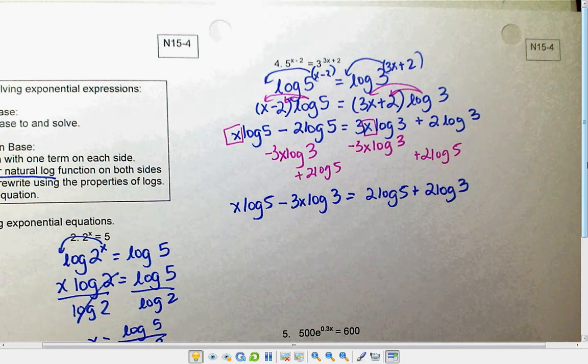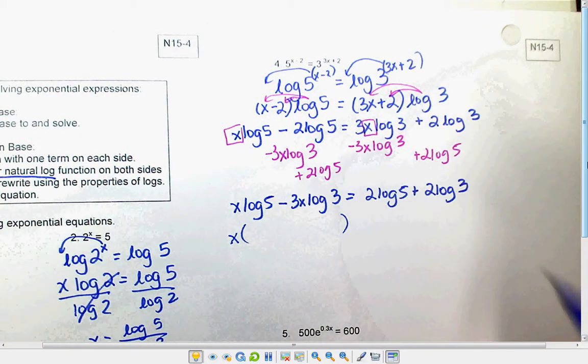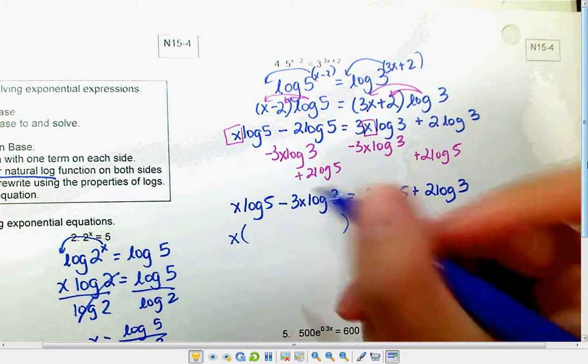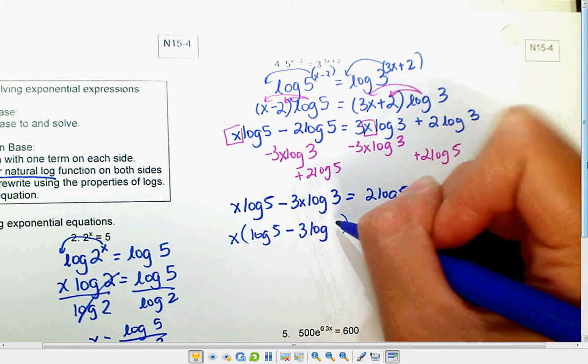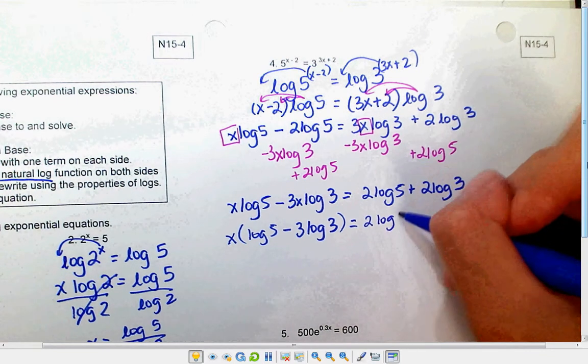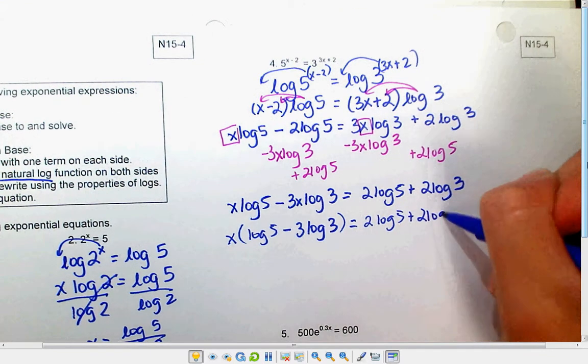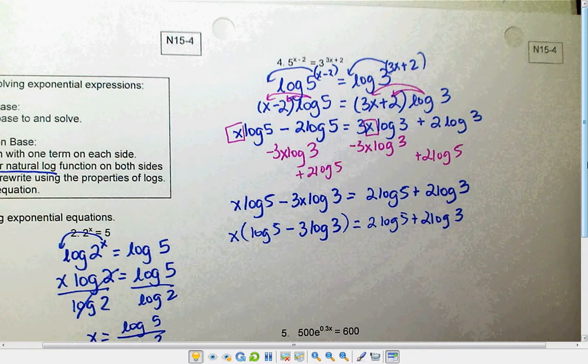What I'm going to do next to get x by itself is to factor out an x. So when I take out an x, this leaves me with log 5 minus 3 log 3. And this is equal to 2 log 5 plus 2 log 3. Okay, so what I want to do next is use my log rules to combine everything.